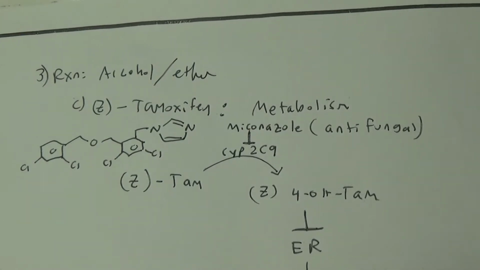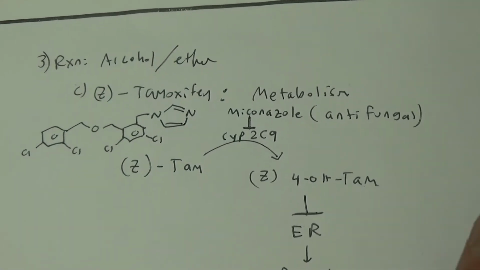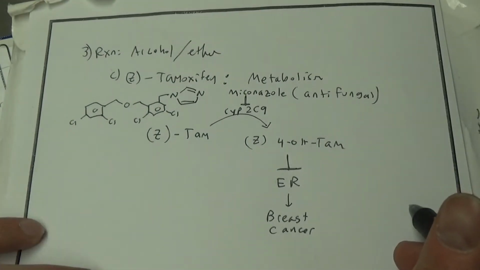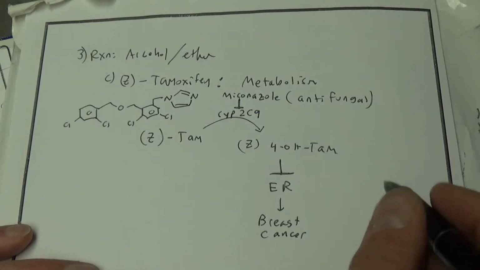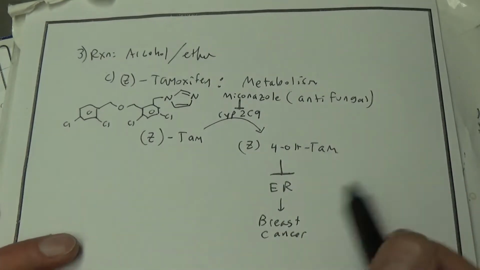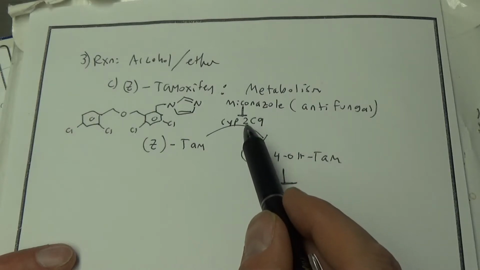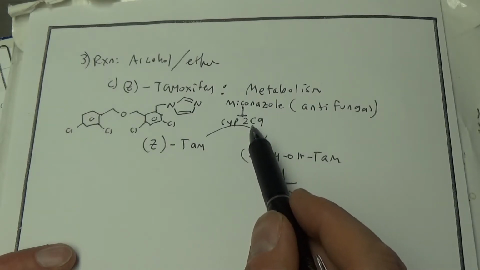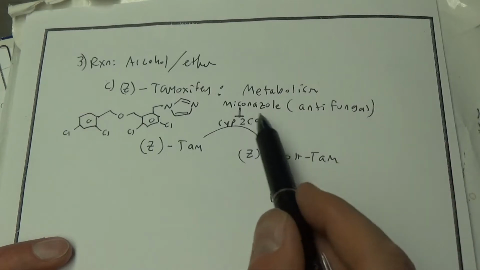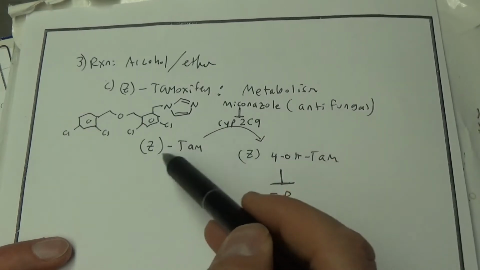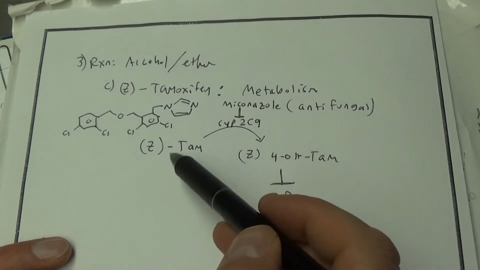So ER has been a drug target for breast cancer for a long time. But there are other compounds, other drugs that don't necessarily inhibit cytochrome 2C9, but might act as a substrate for it, right? Say there's another drug that's a competitive substrate.